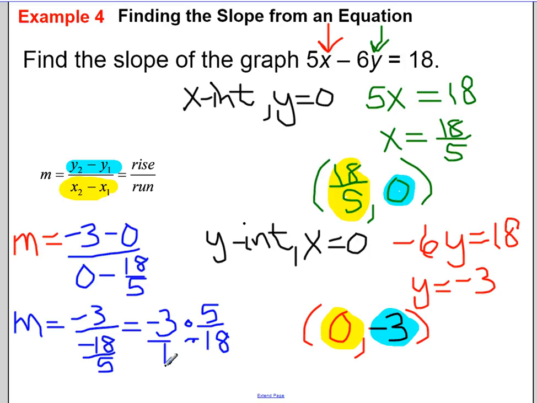The negative 3 goes into the negative 18, and we can simplify this as 5 over 6. Or you can multiply the numerators, get negative 15 over negative 18, but then that will simplify to 5 over 6, and that would be your slope of the graph 5x minus 6y equals 18.